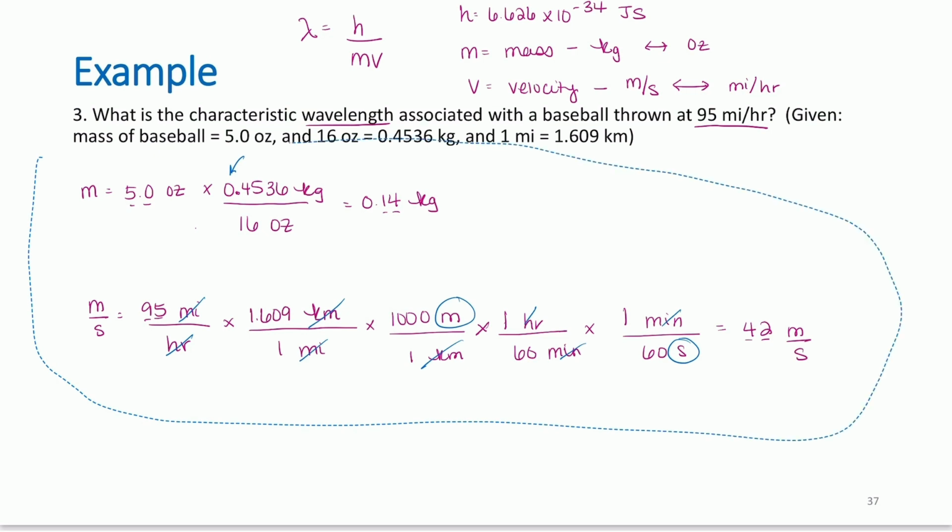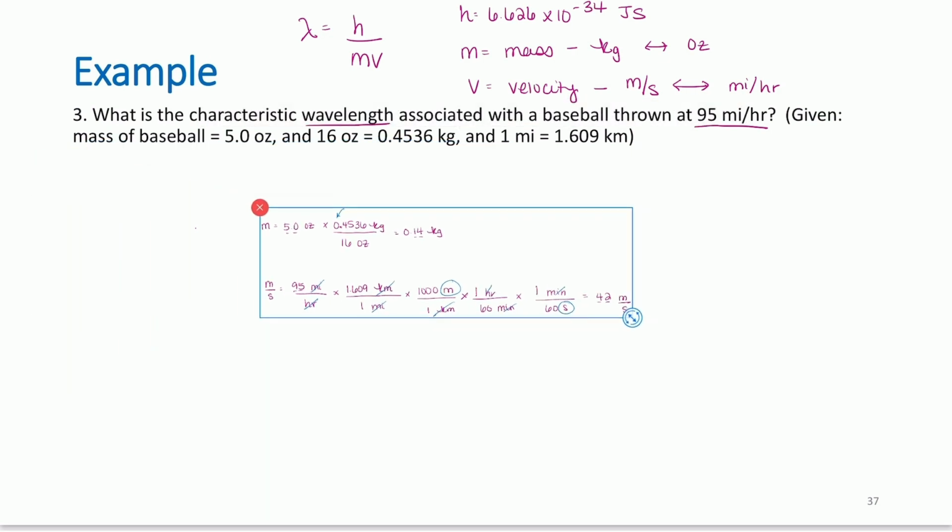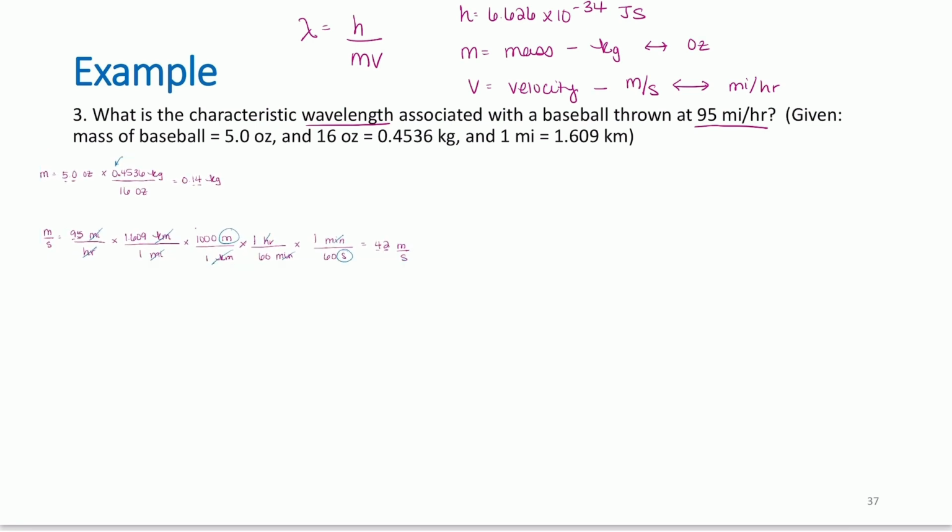Now let's go ahead and make some room on the slide. So now we're ready to use the de Broglie equation. Lambda equals 6.626 times 10 to the minus 34 joule seconds divided by the mass, 0.14 kilograms.